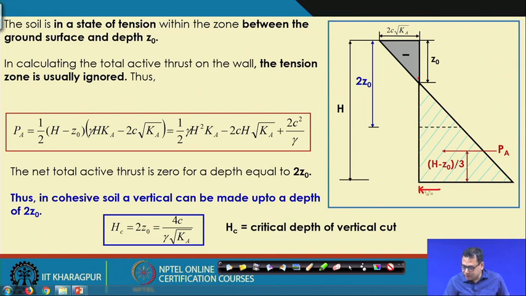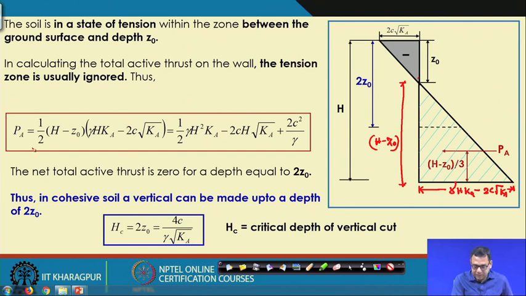This value is gamma into h into K A minus 2 c root K A, and this height is h minus z 0. So, this triangle is half into h minus z 0 into gamma h K A minus 2 c root K A. If you simplify this, this will be the form.